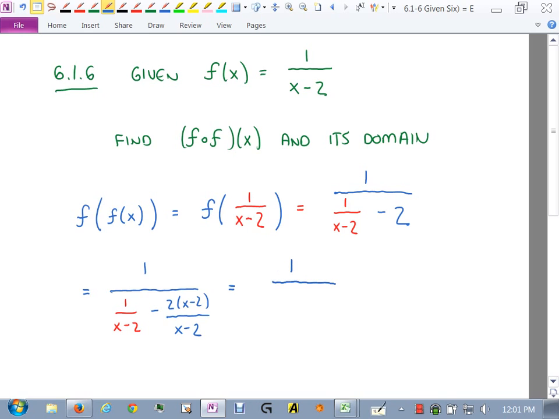Then I have what? I'll go a little bit slower, but yes, minus 2x. So 1 will take away 2x, right? But then minus a minus would be a plus, and 2 times 2 would be 4. So we should have 1 minus 2x plus 4 over our common denominator, which was x minus 2.